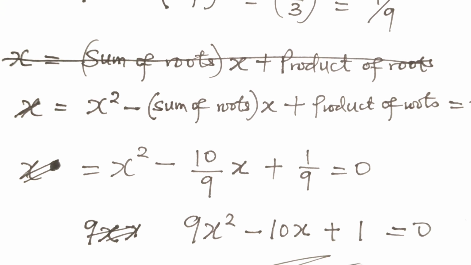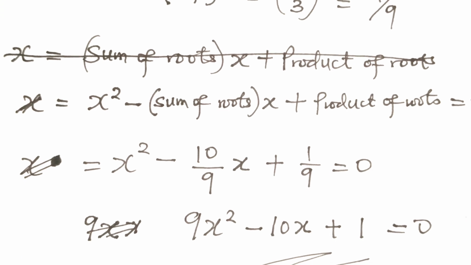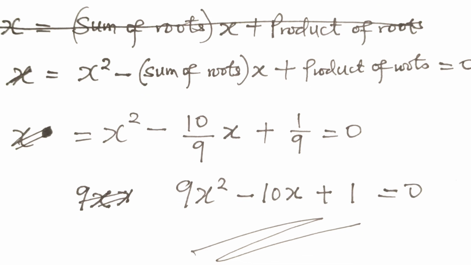So this is a quadratic equation whose roots are alpha squared and beta squared. Okay, I hope you understood what we did so far.